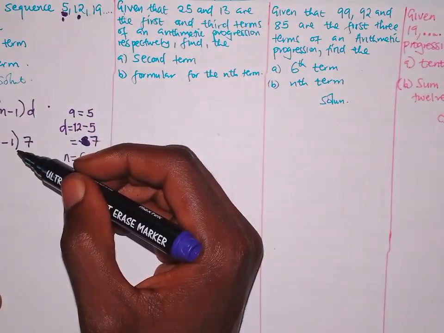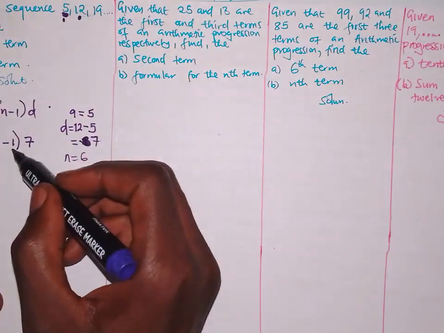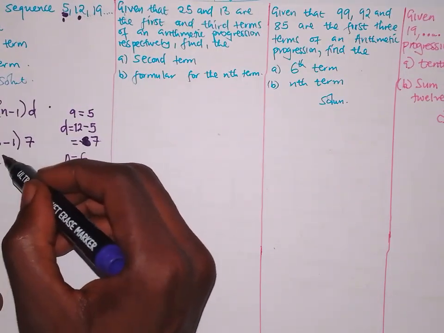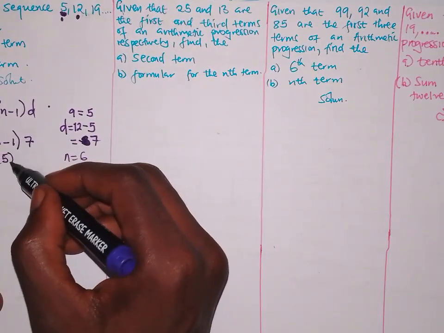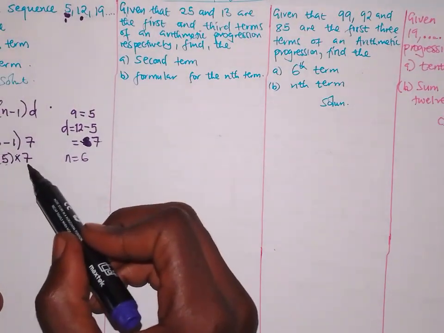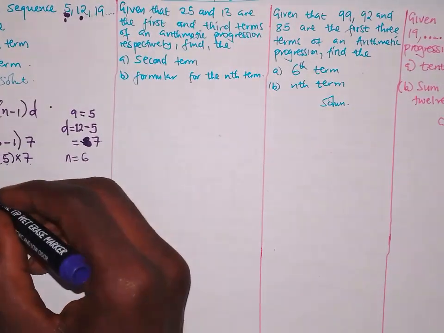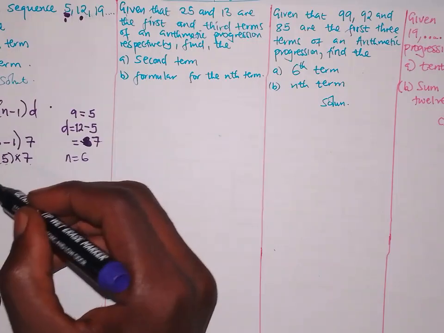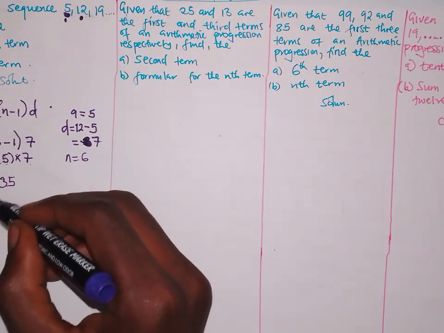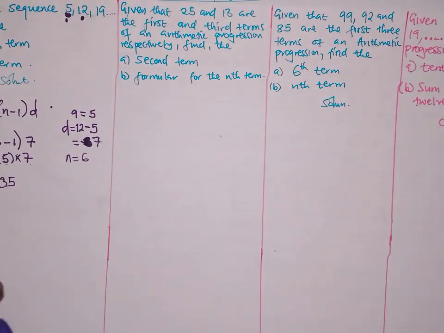According to BODMAS, work out what is in the bracket first. 6 minus 1 is 5. So you say 5 plus 5 times 7. Here 5 times 7 is 35. So 5 plus 35 is 40, our 6th term.